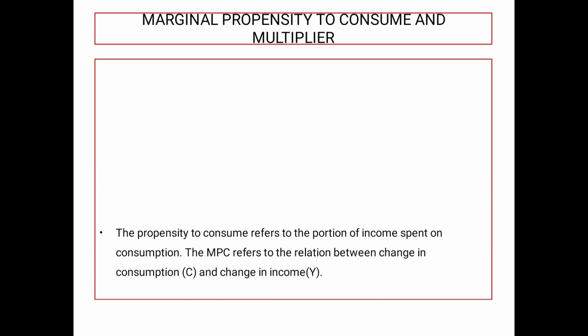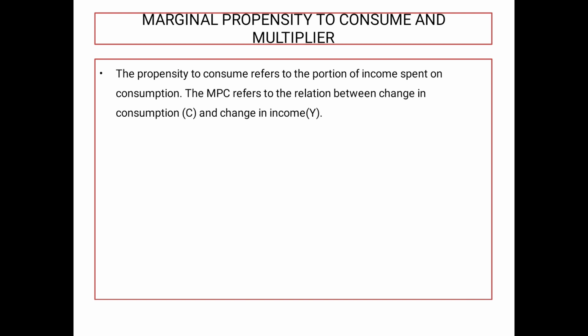Next, we are going to see the marginal propensity to consume and how it is related to the multiplier. MPC and multiplier have a relationship. Let us see what that relationship is. The marginal propensity to consume is the portion of the income that is spent for consumption.